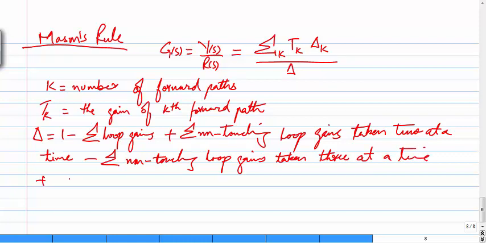Then plus, and you continue this with four and so on.